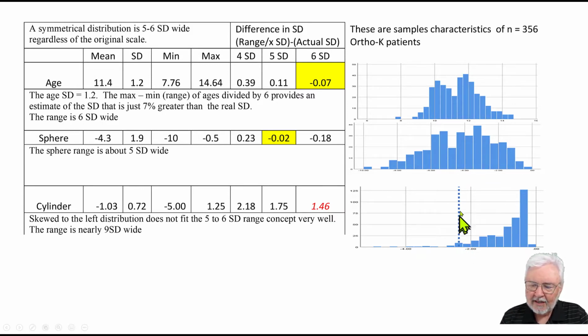And if you look at this dotted line, that's the 95th percentile. You can see that's 2 standard deviations, and that's about the 95th percentile. So standard deviation works okay with the percentiles. It just doesn't work that well with the actual standard deviation.